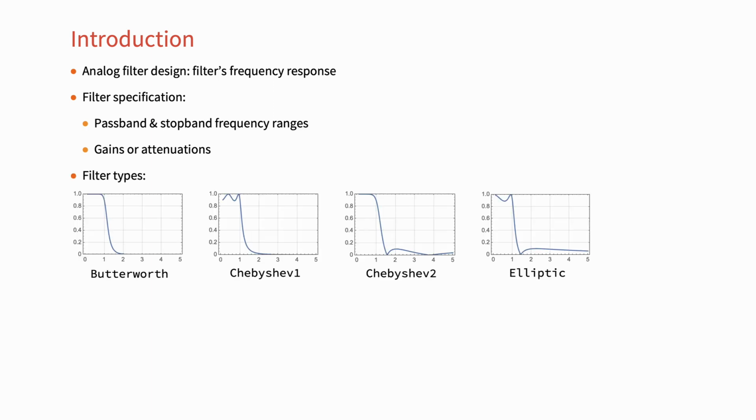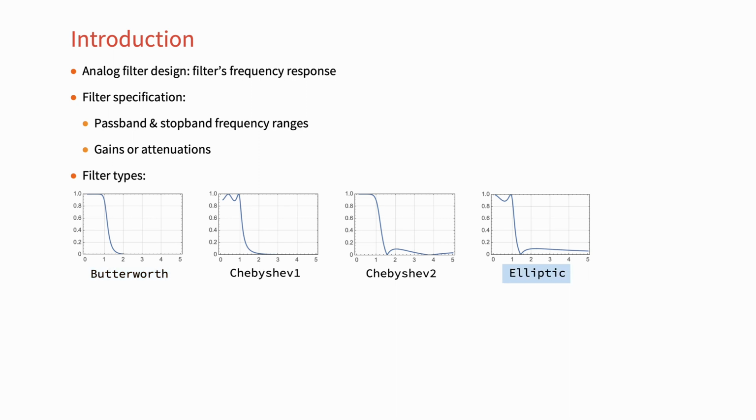There are four classic families of filters: Butterworth, Chebyshev 1, Chebyshev 2, and elliptic filters. Looking at the magnitude response functions of each of these family types, you can see that the Butterworth filter is the smoothest among all. It has no passband ripple. The passband is flat and smooth.